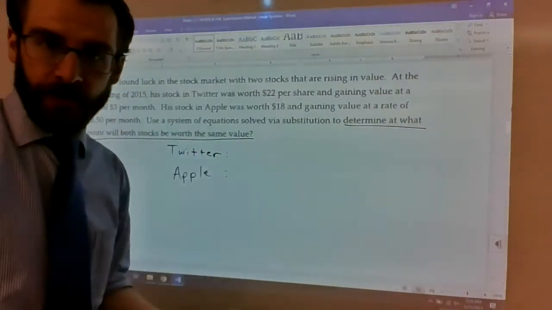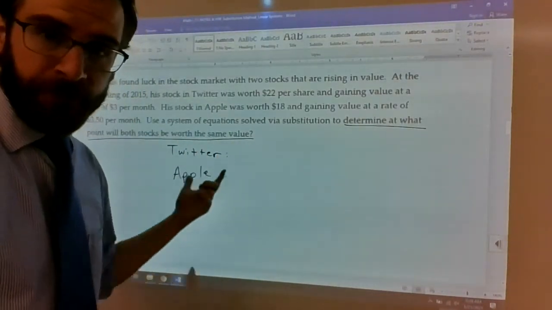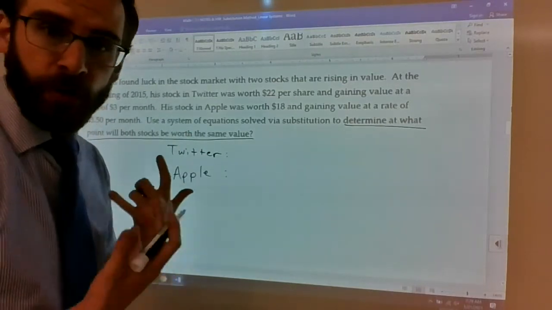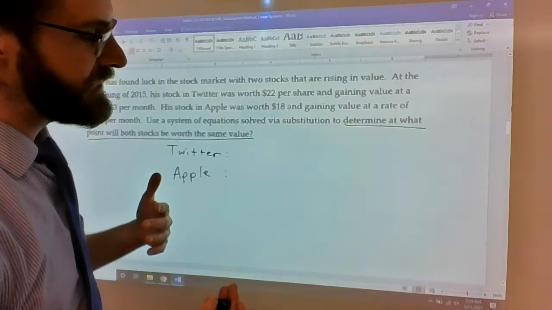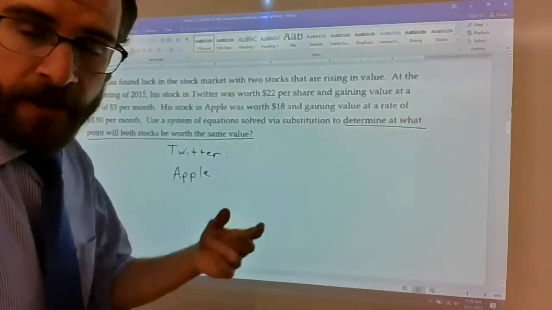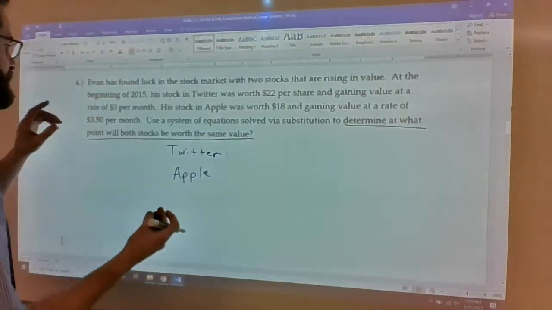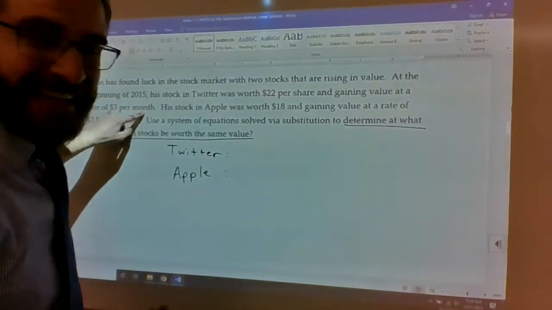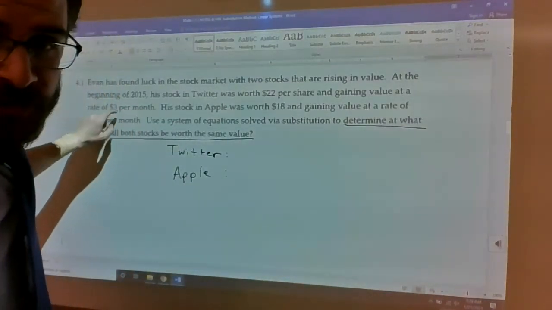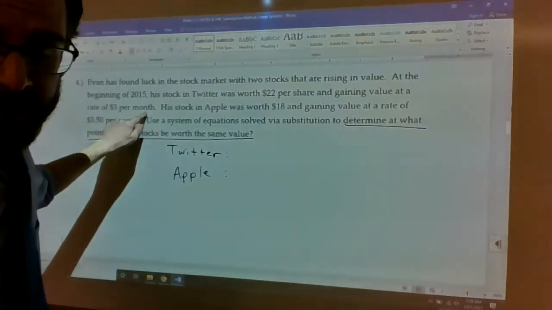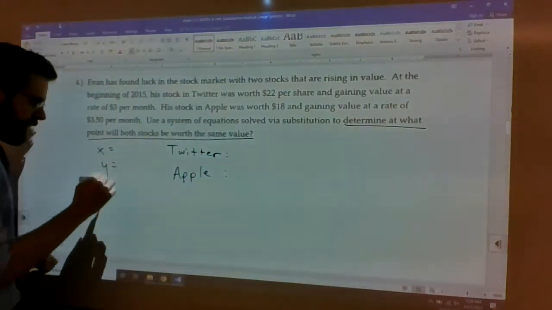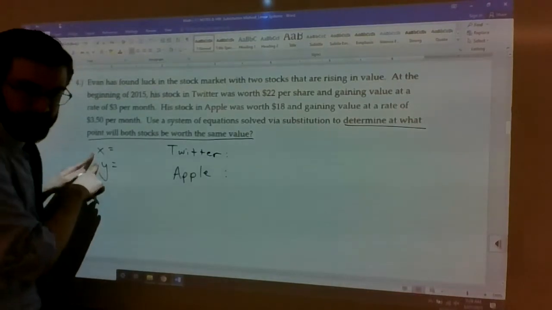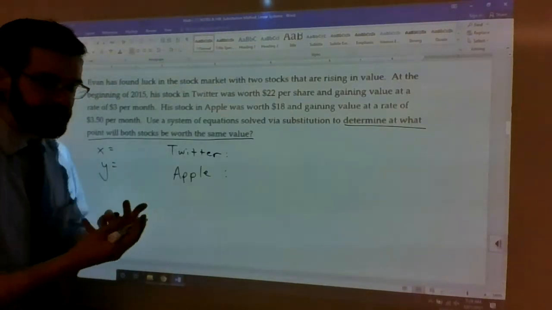So here's what we've got to do. We've got to write an equation for each of these real-world situations, so it would probably be a good idea to define a couple of variables. The two variables here are seen in the rate of change. If you see dollars per month, that's telling you one of the variables is dollars and one of the variables is months.